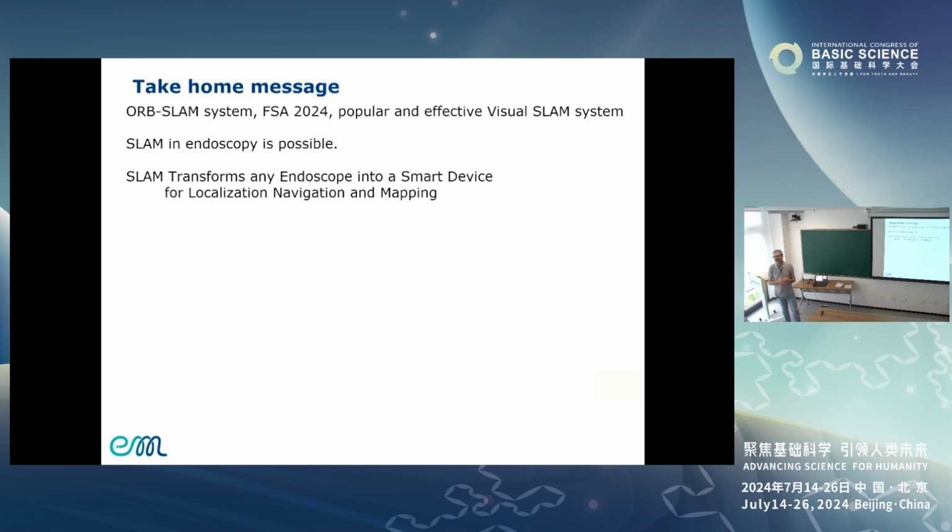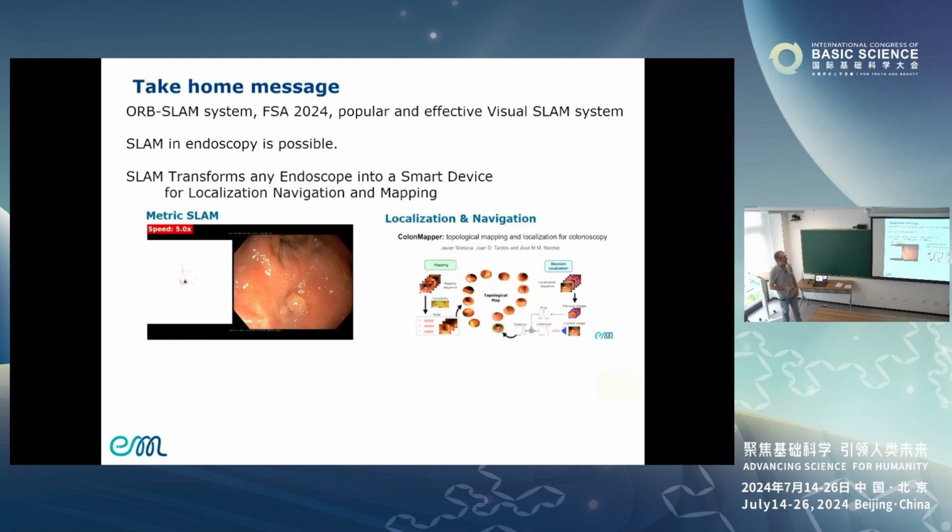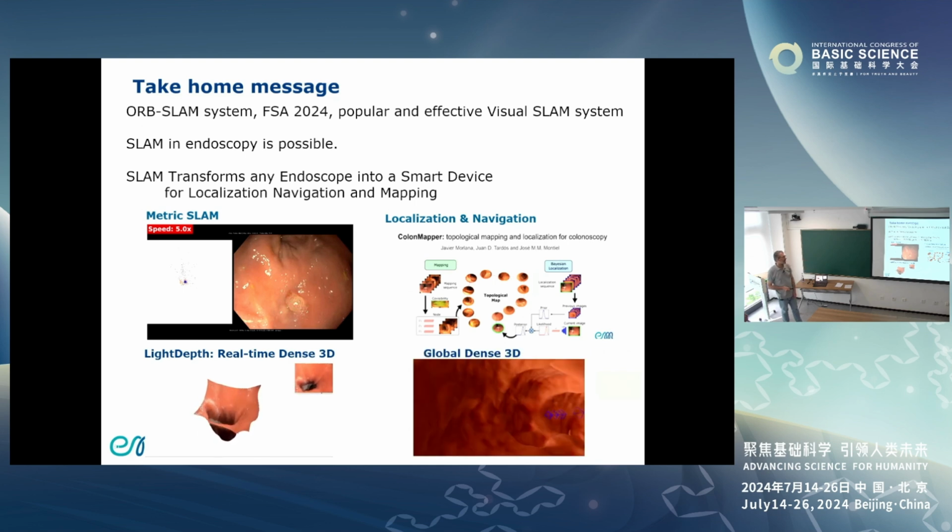But using SLAM, this endoscope can be transformed into a smart device that is able to localize you inside the body, is able to make a map of the patient, and is able to produce information for autonomous navigation inside the colon or inside the scopy. We are able to do metric maps, localized. We are able to compute 3D models from one single frame, and we are able to do dense 3D models of the colon.